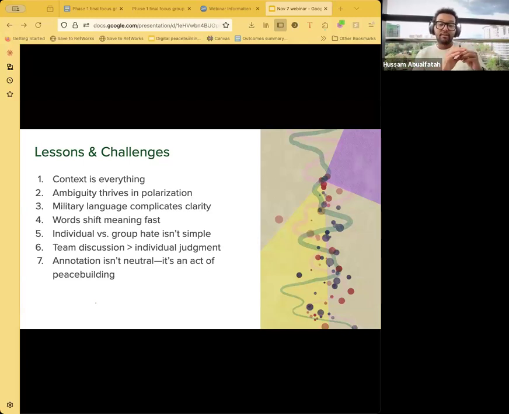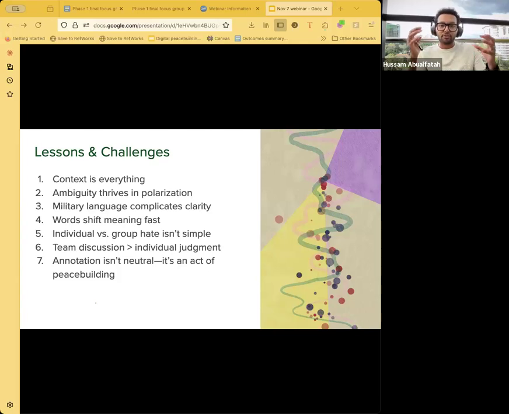The third thing, which is very important in the Sudanese context right now, is that military language complicates things, because we face lots of quotes that are just orders or insults coming from officials in the army or the RSF, and so on.